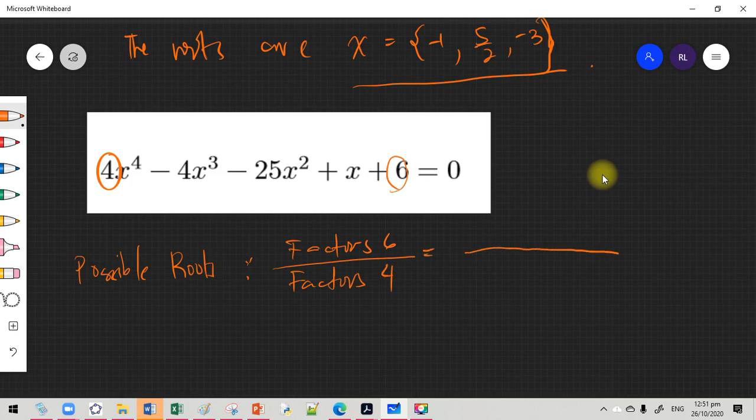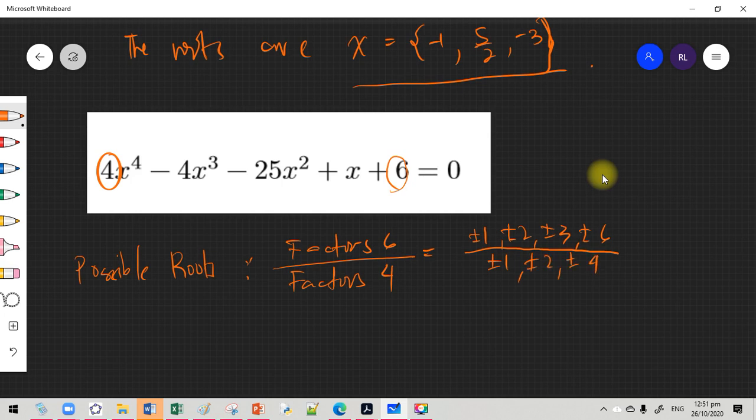Therefore, you'll have plus minus 1, factors of 6, 1 is always a factor, then plus minus 2, plus minus 3, plus minus 6, then you have plus minus 1, plus minus 2, plus minus 4.